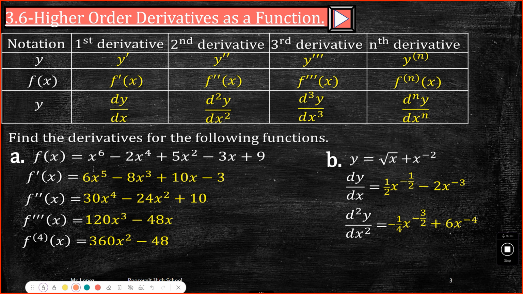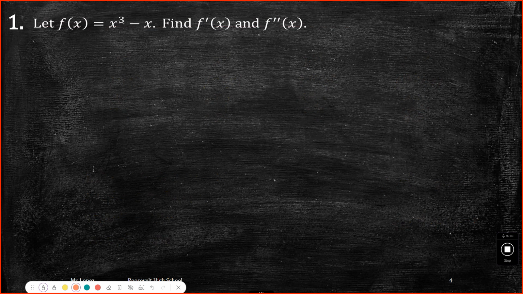I guess they all could. Next, let's go. Let f of x equal that. Find f prime of x and f double prime of x. Go, let's go. That's easy. This would be like an easy point if this was on the AP test. That's too easy.